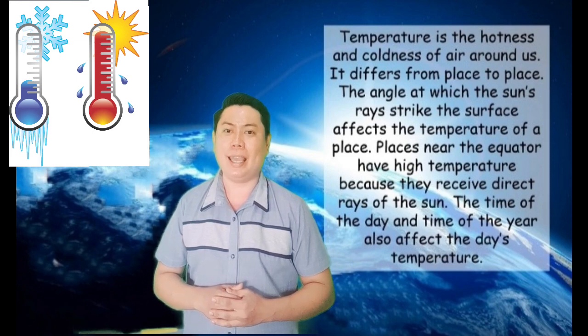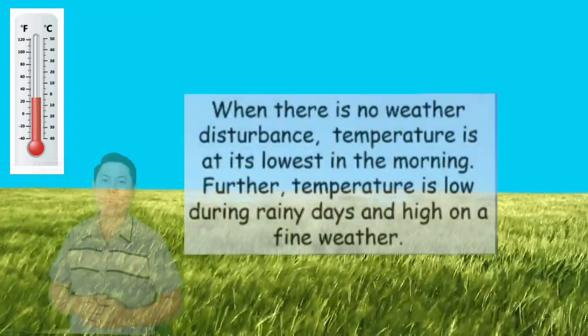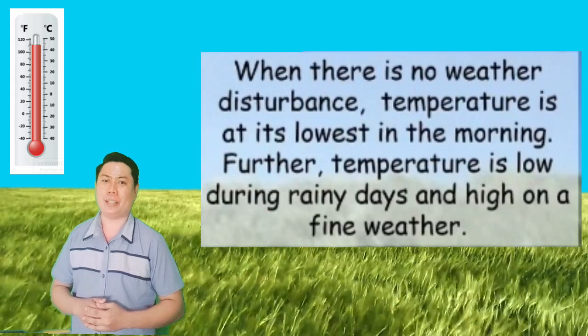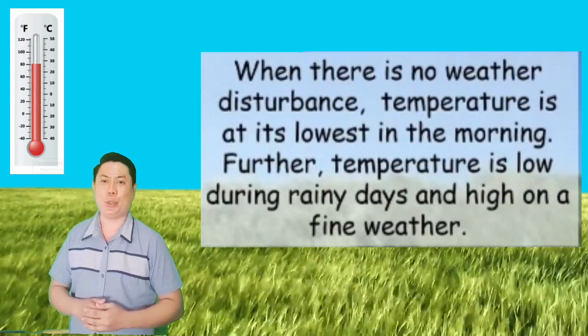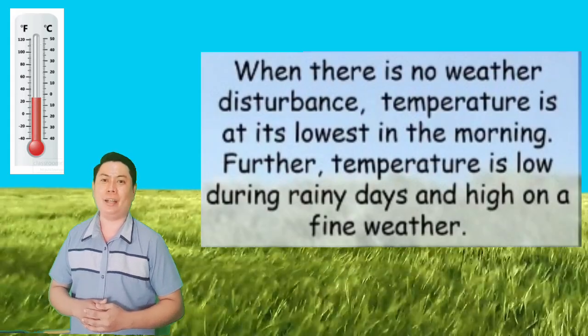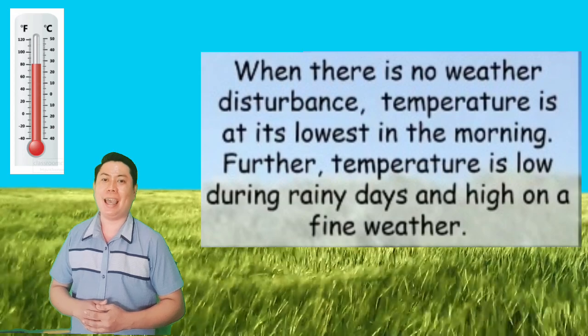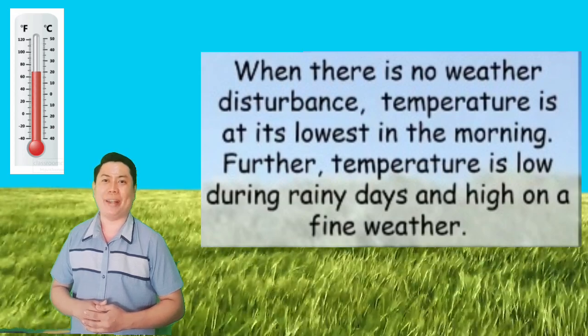The time of the day and the time of the year also affect the day's temperature. When there is no weather disturbance, temperature is at its lowest in the morning. Further, temperature is low during rainy days and high in fine weather.